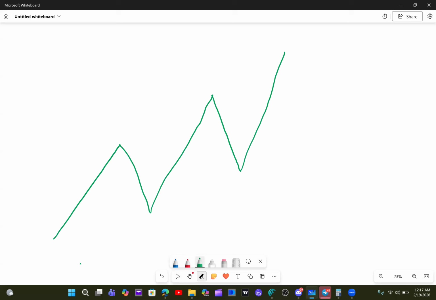So what we get is the market starting here at a low point. Then it goes up and it makes a high. So you have a low and you have a high. Then the market retraces or pulls back down, and it makes a higher low.